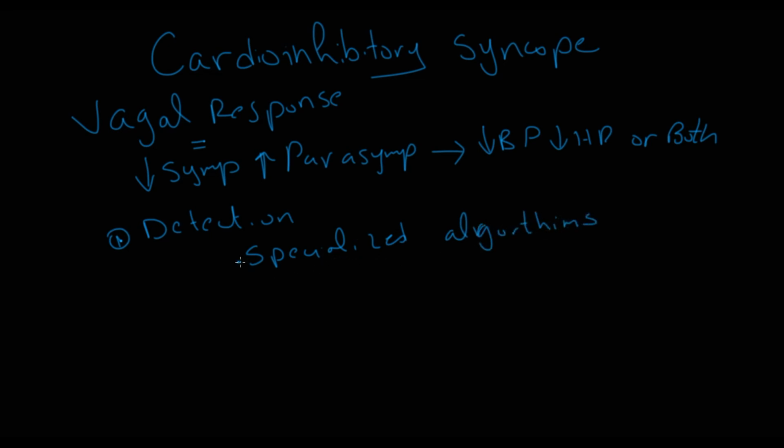So before you insert a pacemaker for someone with a cardio-inhibitory syncope, you need to make sure that they have the specialized algorithm in there. The specialized algorithm can be using rate drop, which means they detect if there's a drop in the heart rate before the cardio-inhibitory syncope. The other thing is impedance changes.